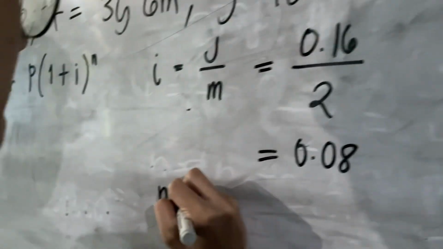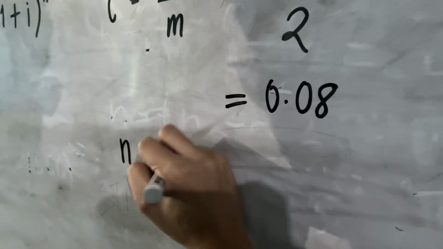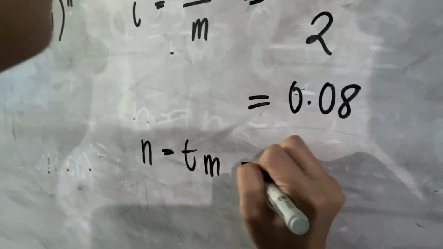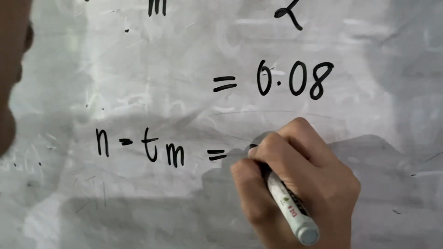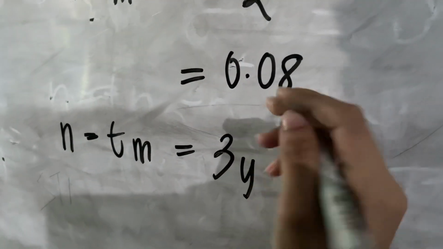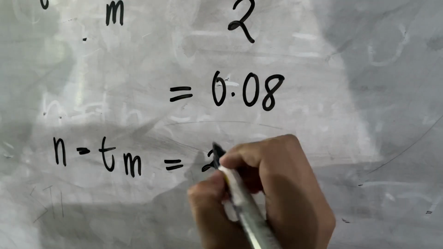We can now plug in the missing values to our F formula. 30,000 times the quantity of 1 plus 0.08 raised to 7. The answer is 51,414.73.